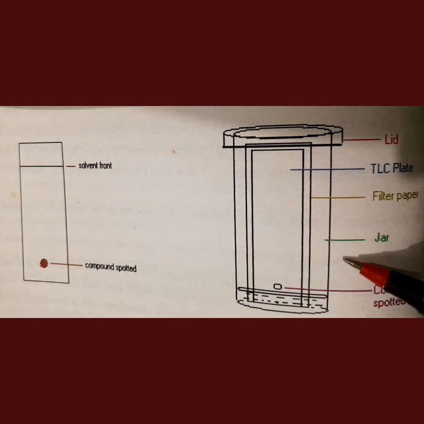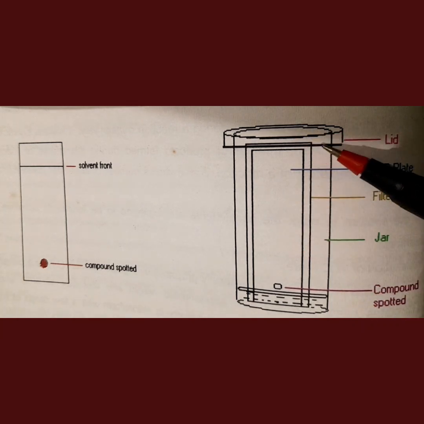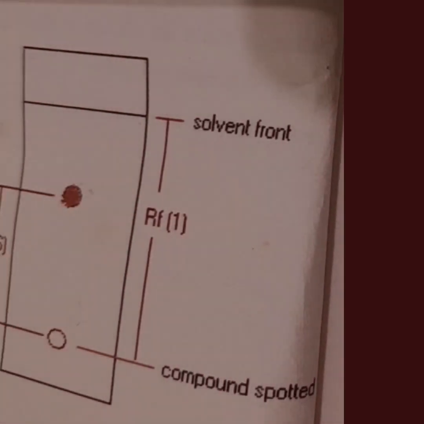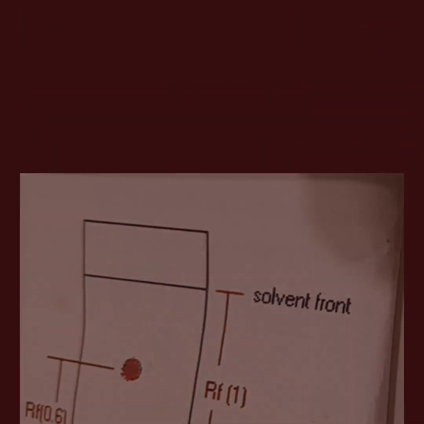Alright, so jar, filter paper as I told, TLC plate, it has to be covered, otherwise the solvent, which is normally chloroform or dichloromethane, being low boiling solvents, would evaporate. Alright, so we have to have a lid on it. The TLC plate is taken out of the TLC chamber, dried, and then put into the iodine chamber. Now once put into the iodine chamber, the job of iodine is to colorize this spot.